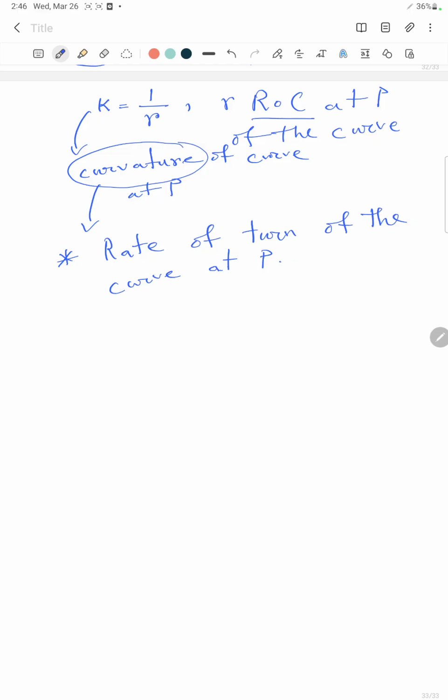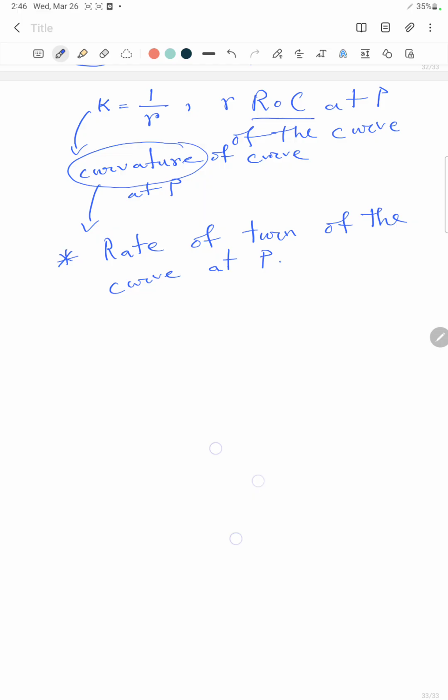And this radius of curvature, you can simply get from the circle approximation. And one thing you can notice, that if your radius is big, then the curvature, that is the rate of turn, is small. And if your radius is small, then the rate of turn is higher.